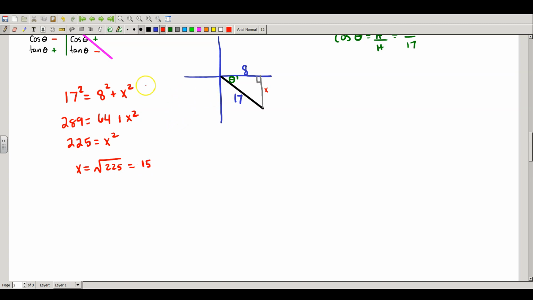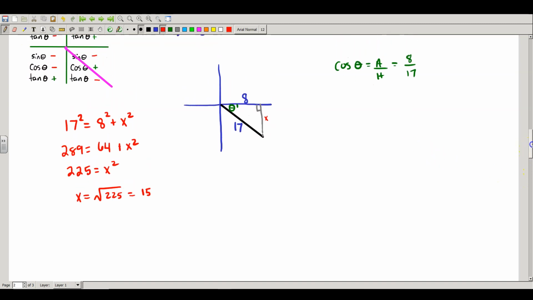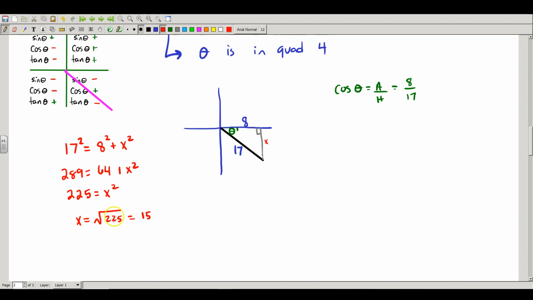Okay, so now this is where we have to really understand the picture here. In reality, when we take a square root, when we solve this, it could be plus or minus. I didn't put that in there, but it could be plus or minus. The principal square root, the positive one, is just 15, but we could still think about this solution being negative.